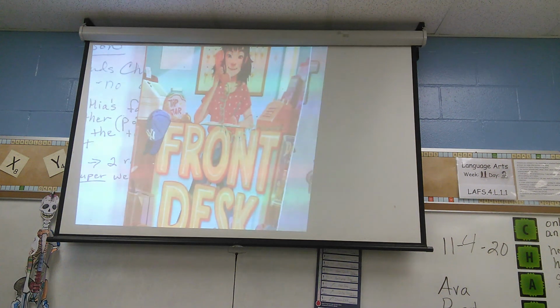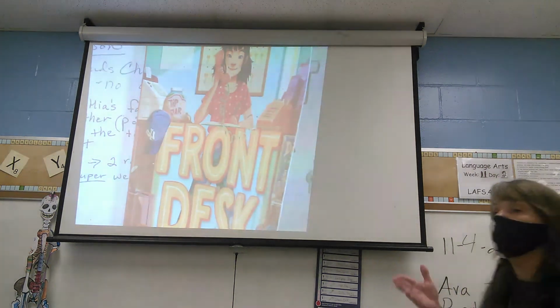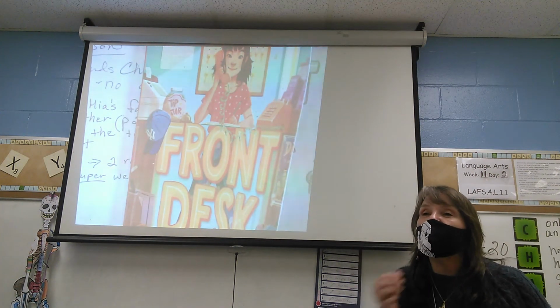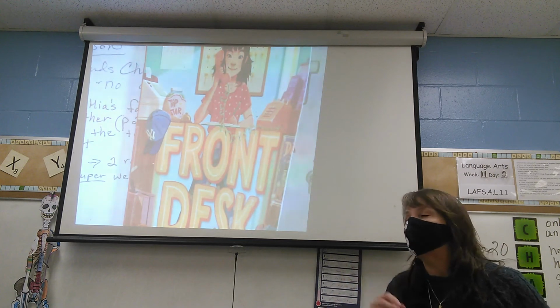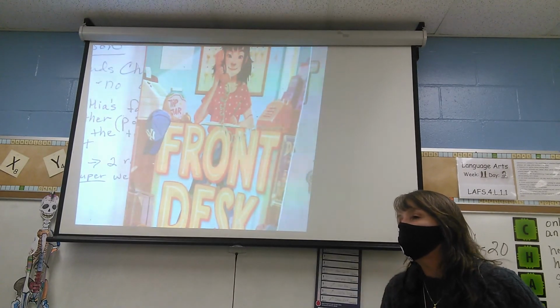Okay, so what we've learned today is we need to take the details from the text to explain things that are happening explicitly, that we can see, but also to make inferences and grow interpretations. And that's the work you need to be doing when you're doing your independent reading today.